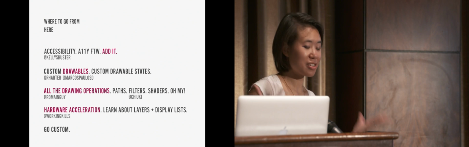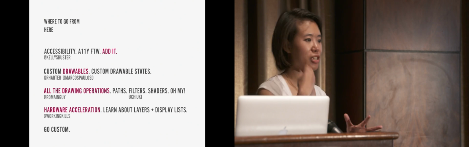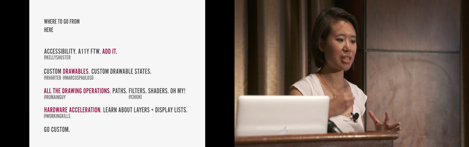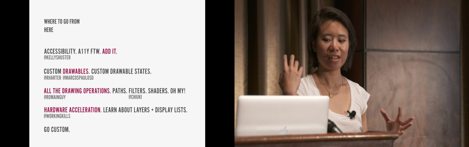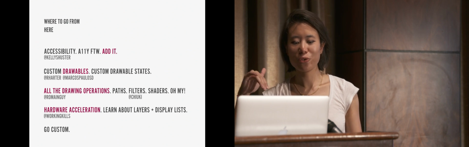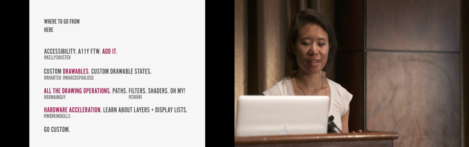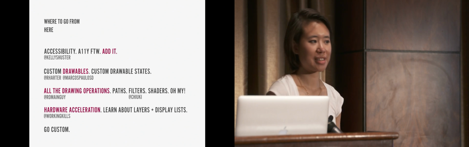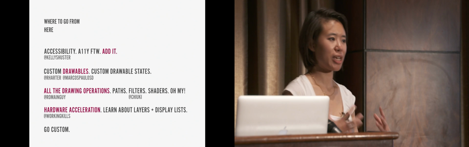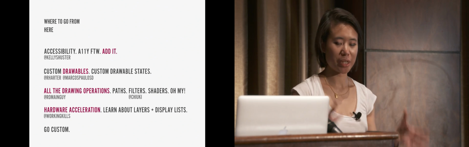Chuki, who's running the conference, did a really great presentation on using filters and shaders. These are basically different ways of adding different flavor and coloring when you're drawing. It's really cool stuff. If you finish all that and you want to keep doing drawing stuff, but you are also worried about performance, you can start looking into hardware acceleration and things you can do to get things to draw more efficiently. And you learn about hardware layers and display lists.